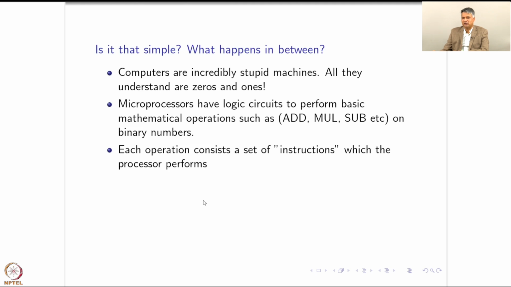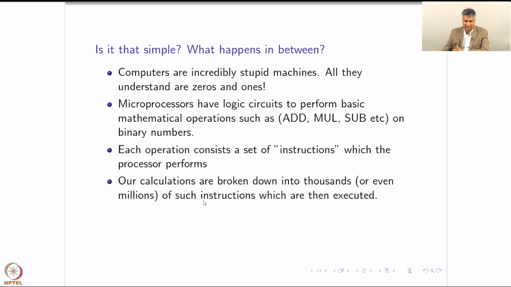So each operation consists of a set of instructions which the processor has to perform. So what does this look like? Our calculation, remember we have about n square unknowns, is broken down into thousands, probably even millions of these instructions which are then executed.